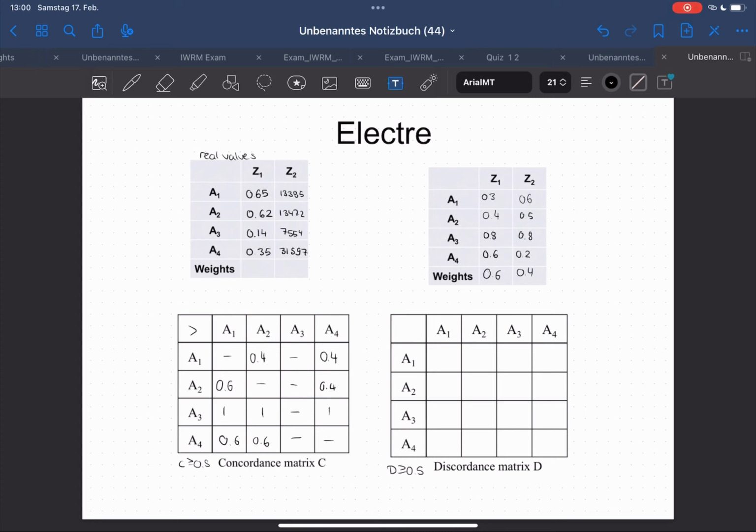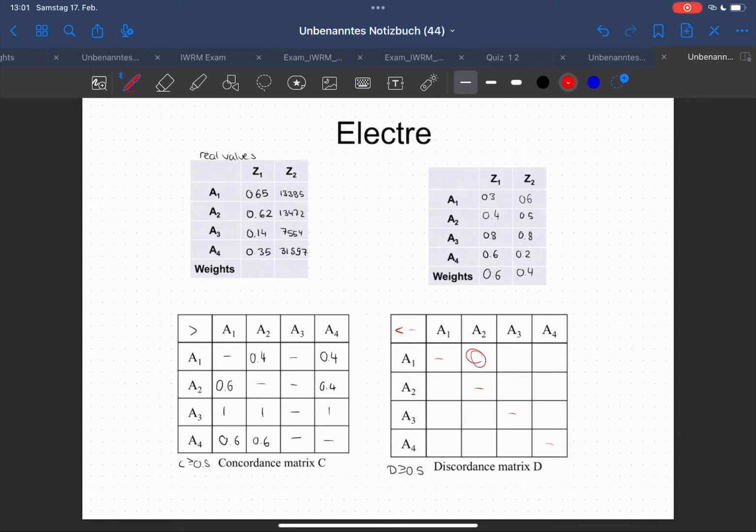And then we start with the discordance matrix. For the discordance matrix, you actually want to compare them again, but now it's the other way around. So now A1 has to be smaller than A2 for this one. And if A1 is smaller than A2, you actually look at how much the difference is, and then you take the highest difference.